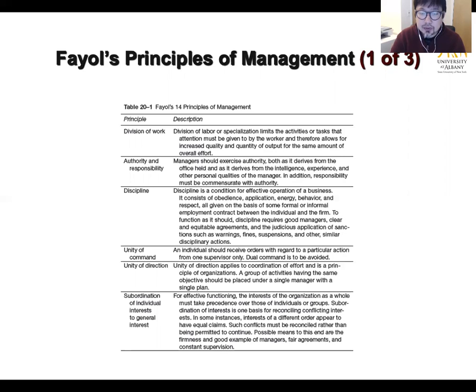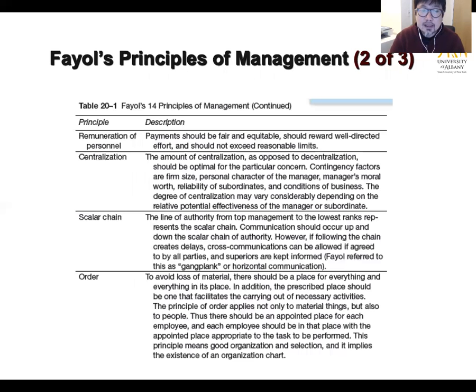Unity of command: we should know the hierarchical structure well. Unity of direction. Subordination of individual interest to general interest for the organization. Remuneration of personnel should be fair and equitable, and you should reward well-directed effort.